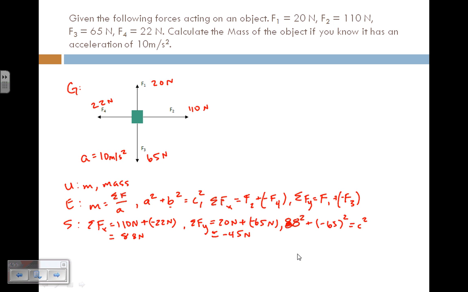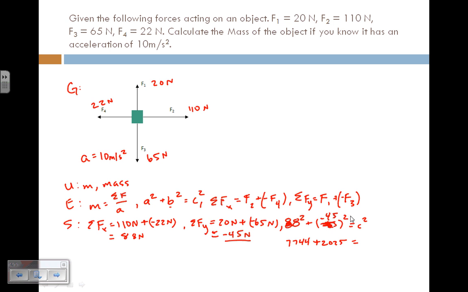Alright, so from here we'll go ahead and calculate this. 88 squared is going to be 7,744. And we'll add that to the negative 45 squared. Sorry, we missed that, this is negative 45. So negative 45 squared, again, I'm getting that negative 45 from there, ends up being 2,025.